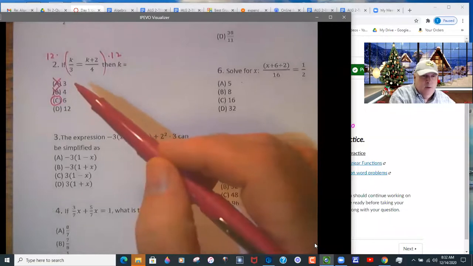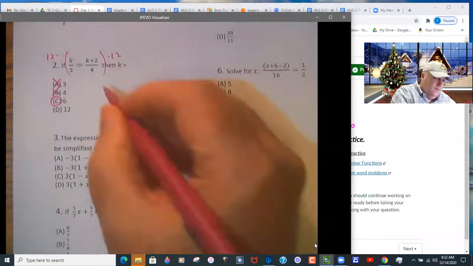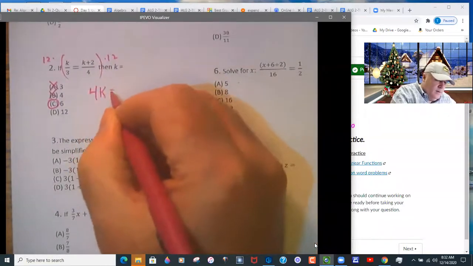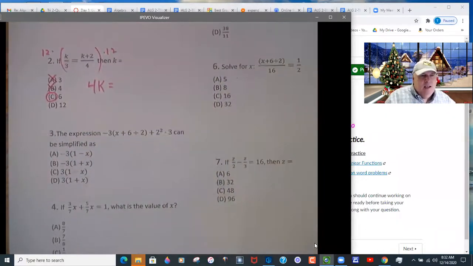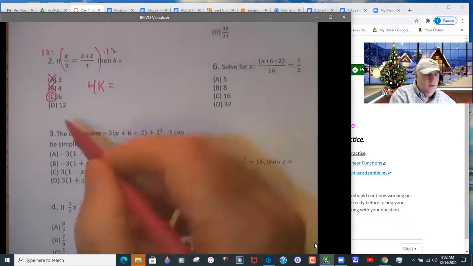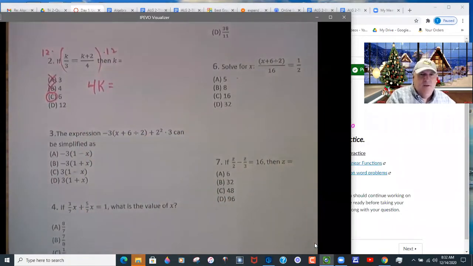So you get a 12K over 3 on the left. That would be 4K. Now again, in actually taking the test, you shouldn't be doing this. You should just be substituting in, guessing and checking, and moving forward.